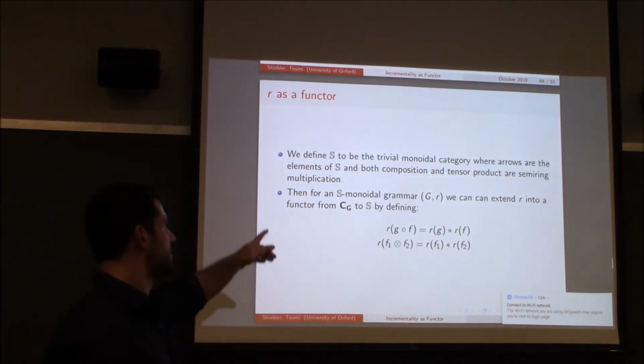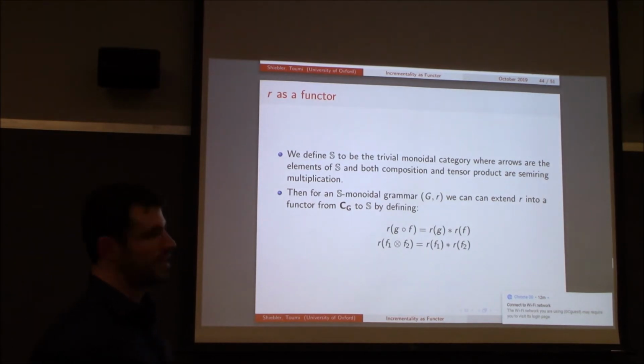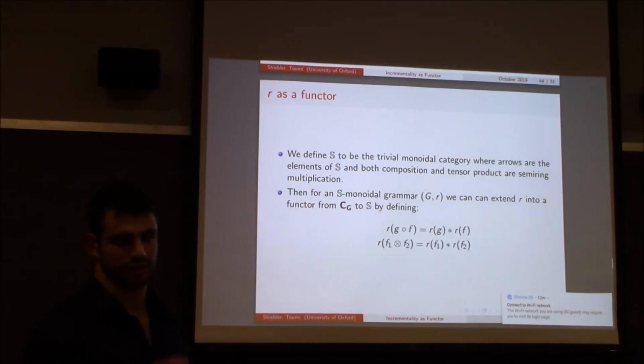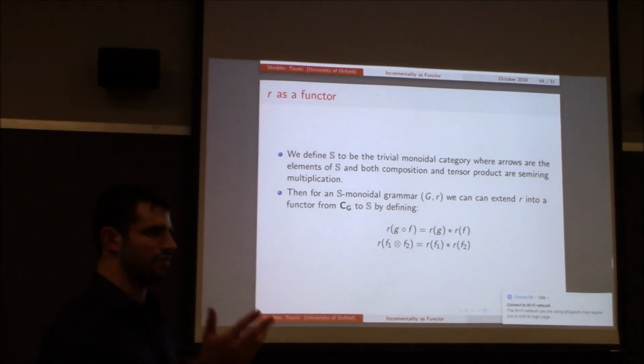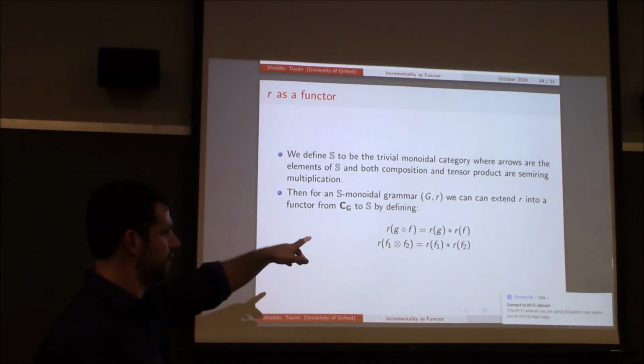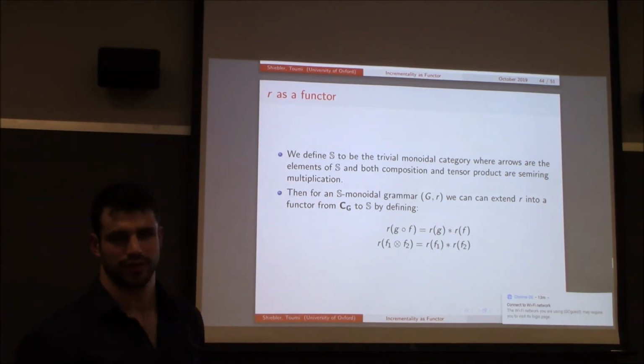If we define S to be this trivial monoidal category, where our arrows are the elements of S, and both composition and tensor product are semiring multiplication, this is a one-object category. Then we can extend R into a functor by mapping both composition and tensor product to multiplication.